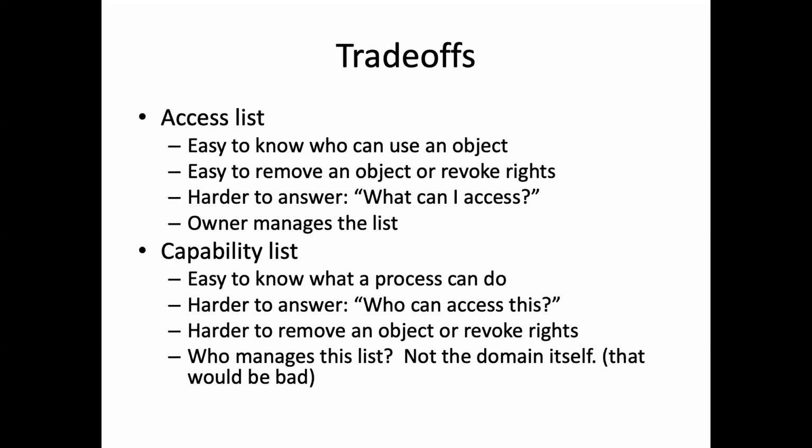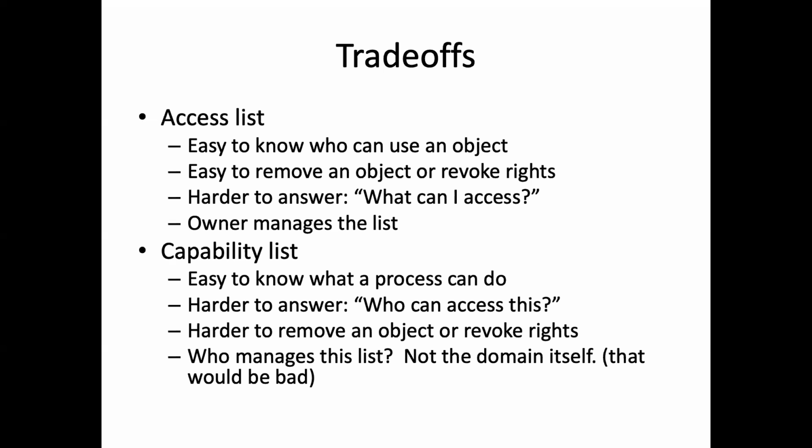It makes it harder to answer questions like, if you had a particular domain, what kinds of things can you do in that domain? Because that information is spread across every object on the system. A capability list makes those kinds of questions easy.